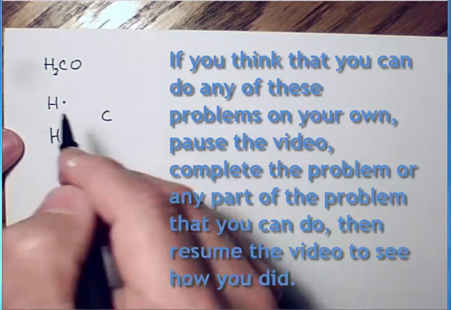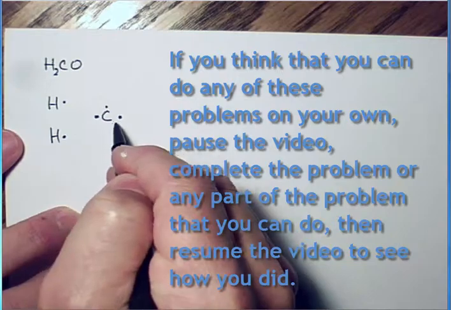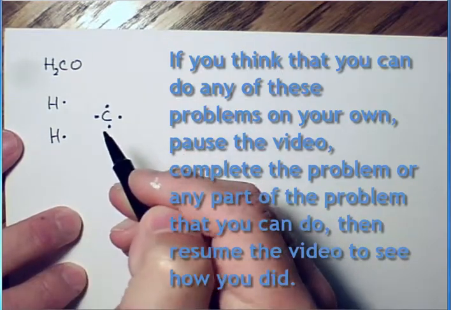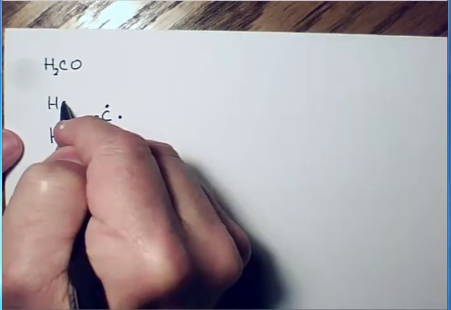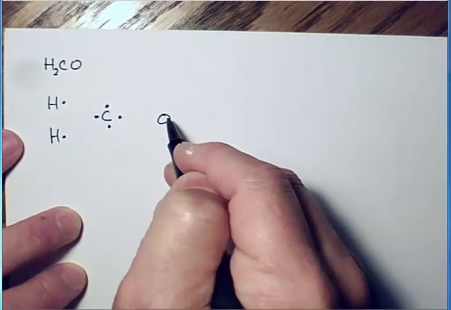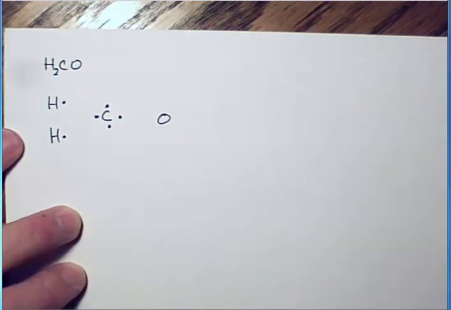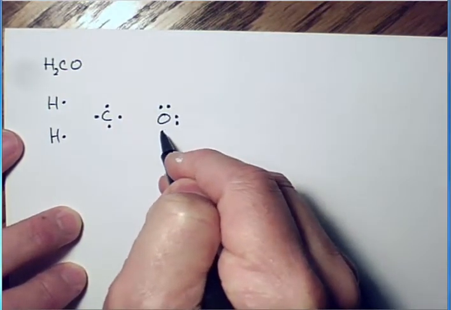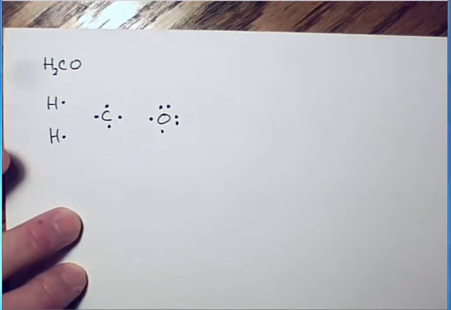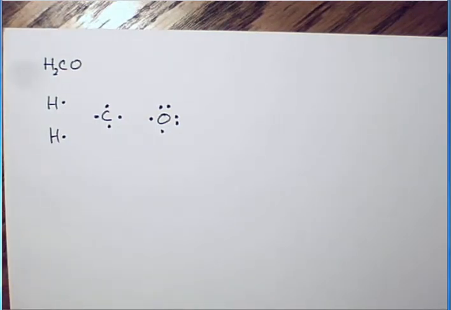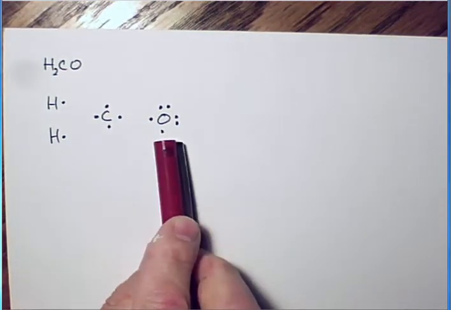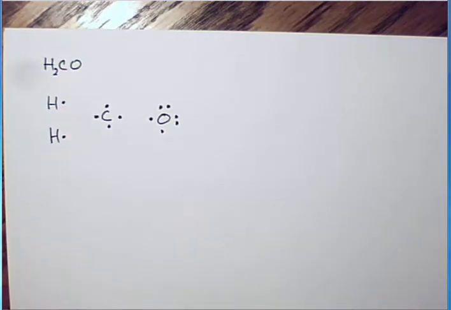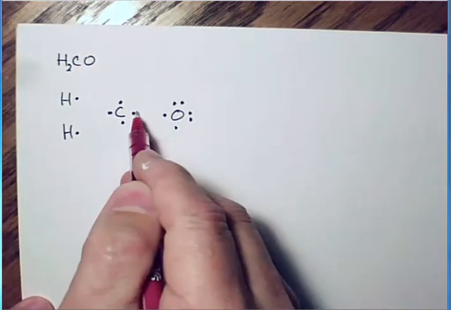How many dots do we put around carbon? 4 dots around carbon, because that's the number of electrons in the valence level of carbon. Is that on the periodic table? Yes. How many dots do you put around oxygen? 6. Now, can you share these in a way that gives the carbon and the oxygen 8 and the 2 hydrogens 2?